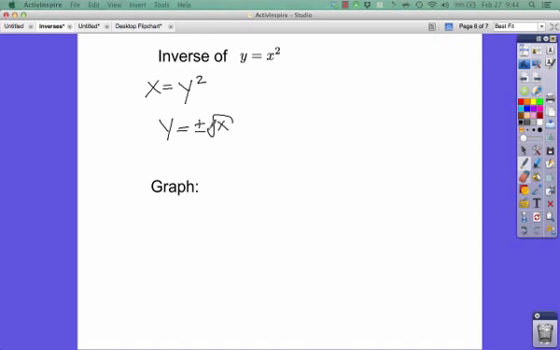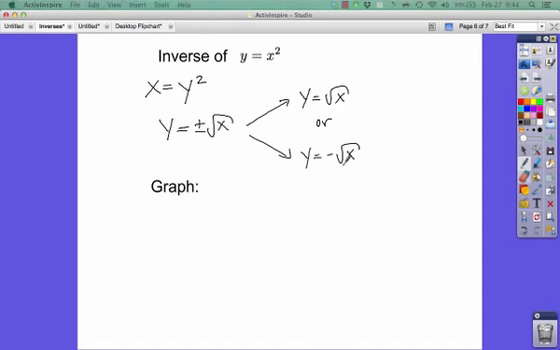Now, this is kind of weird, I have to say, because this is really two functions. This is the function y equals root x, or y equals negative root x.